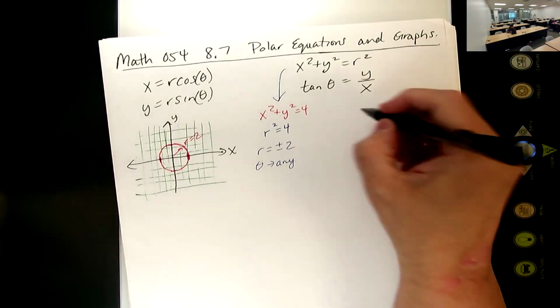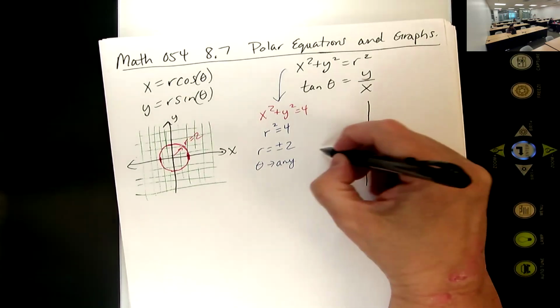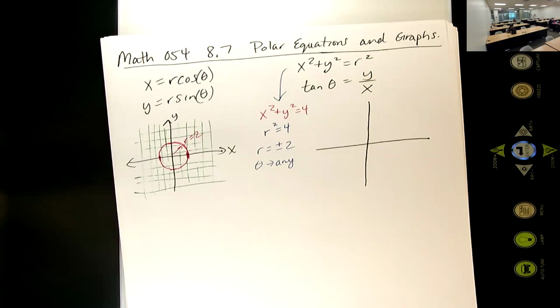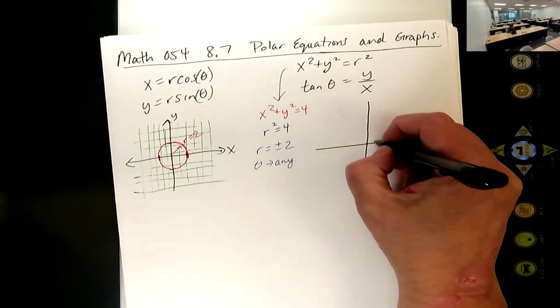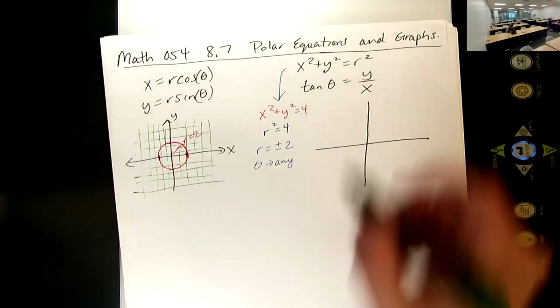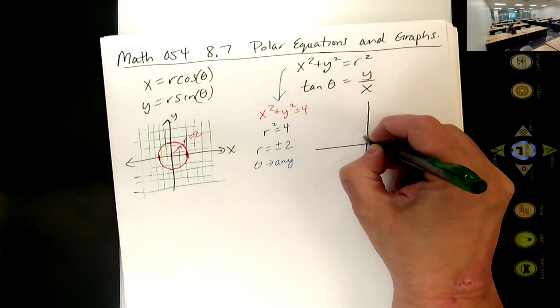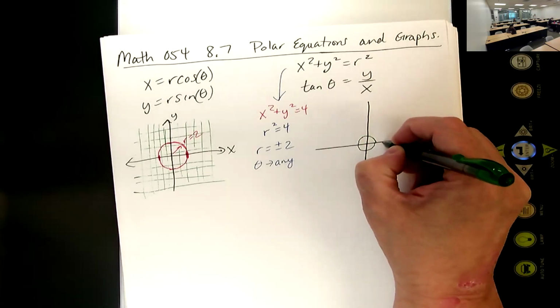So on the polar coordinate system, the way it's set up, the graph does not have rectangular coordinates. It's got concentric circles. It looks like a bullseye. So maybe I'll use the green to show the setup on this. It's got concentric circles.